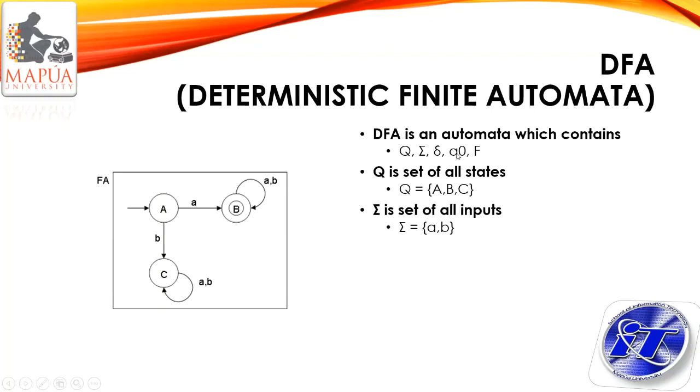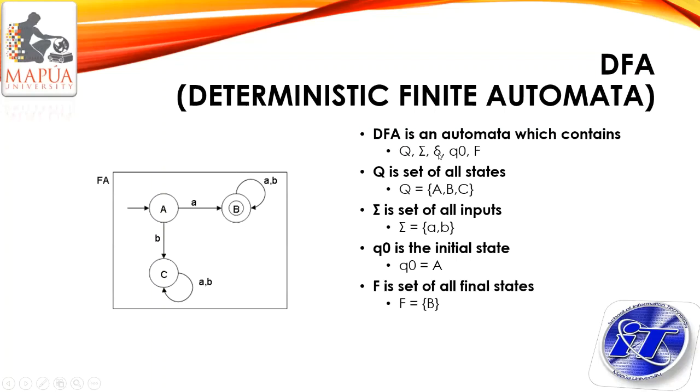Q sub 0 defines the initial state, the arrow going to a state. That will be our Q sub 0, which is A. F means the final state, the double circle, which is B. And for delta, we're talking about the transitions between these sets, represented by a table.